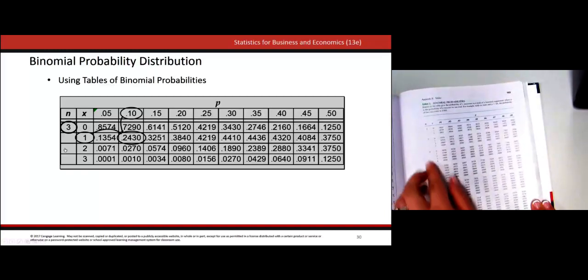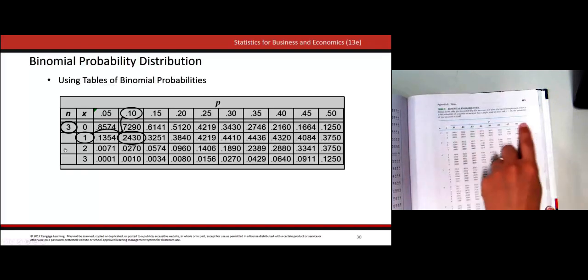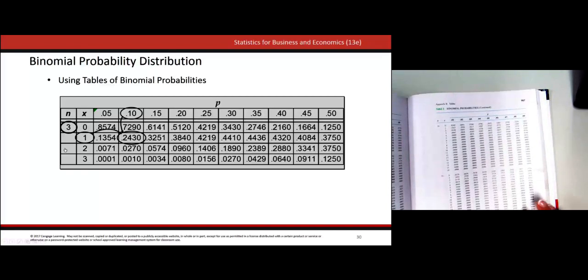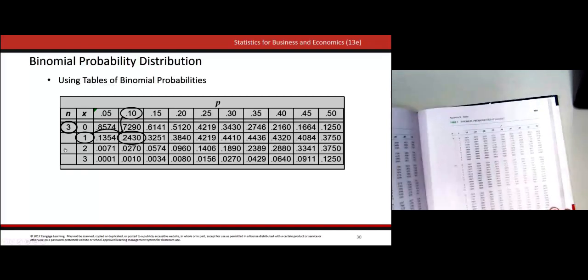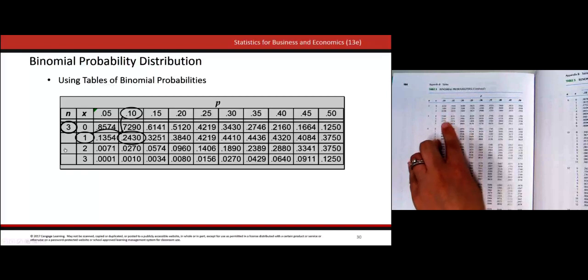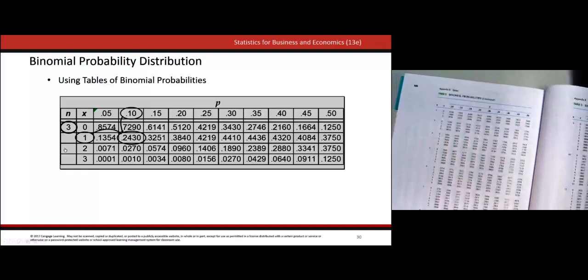Table 5, such as here n is 3, x is 1, these are the p values. P is 0.1, so n is 3, x is 1, p is 0.1, 0.243. x is 0, p is 0.1, 0.729. We can use the tables also.